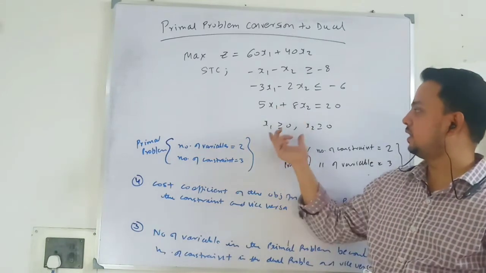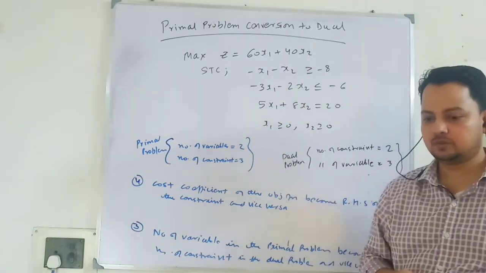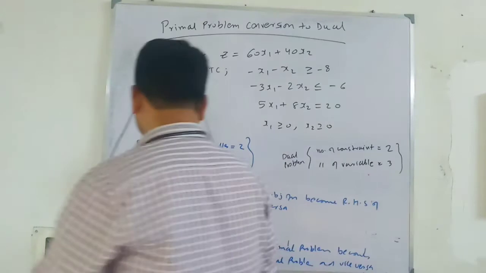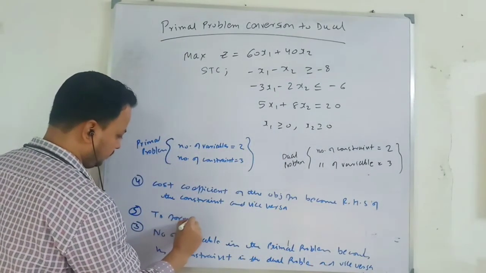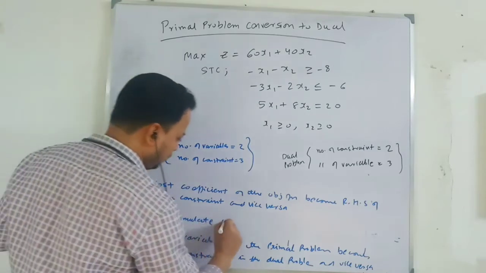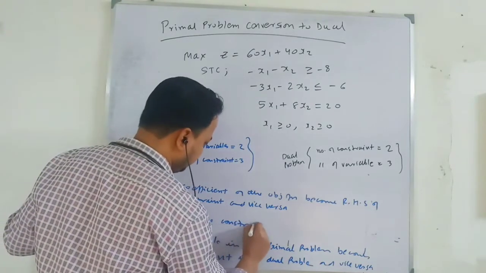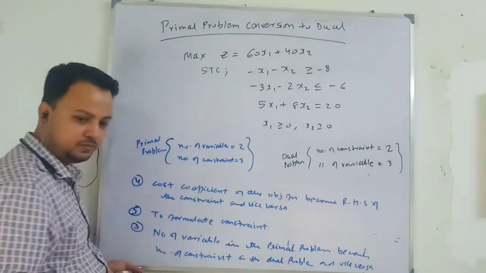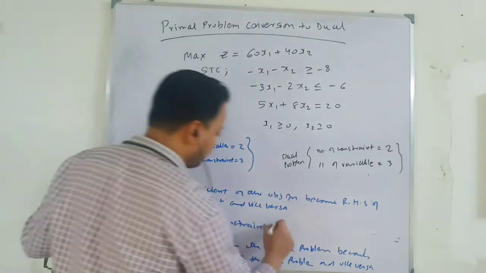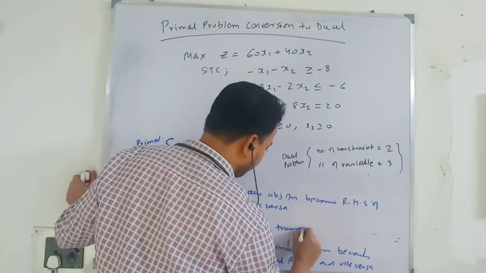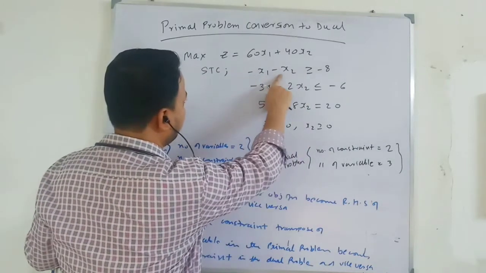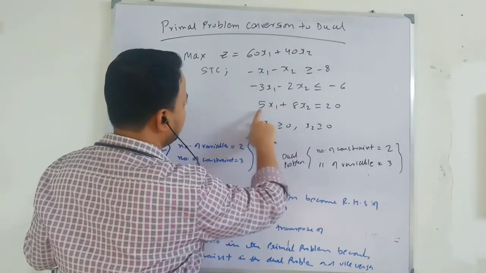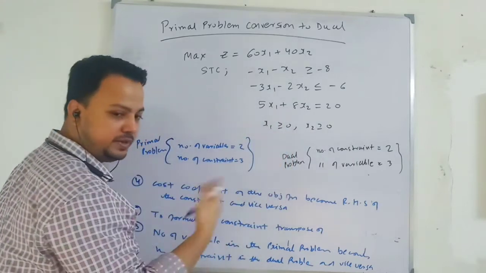Now, how can we construct the constraints in the dual problem? So next point, to formulate constraints in the dual problem, what do we do? We take the transpose of a matrix, the transpose of the constraint matrix. Here the constraints have -1, -3, -2, 5, 8. We will take the transpose of that.